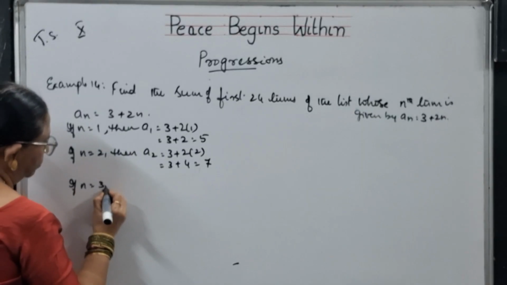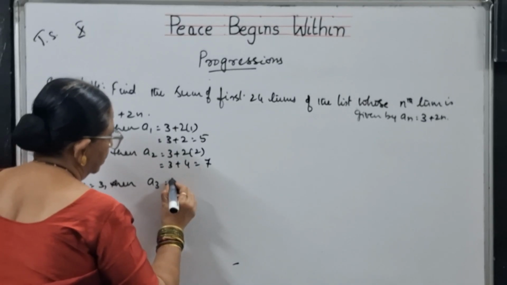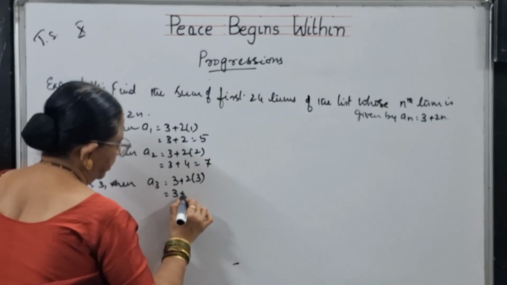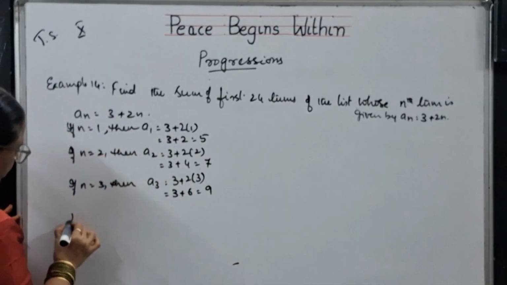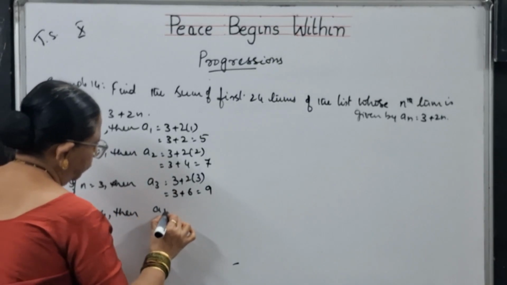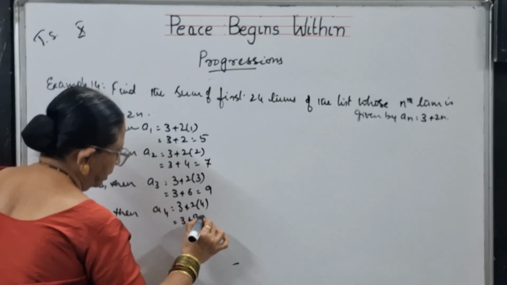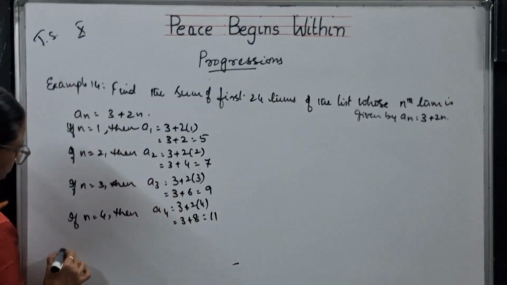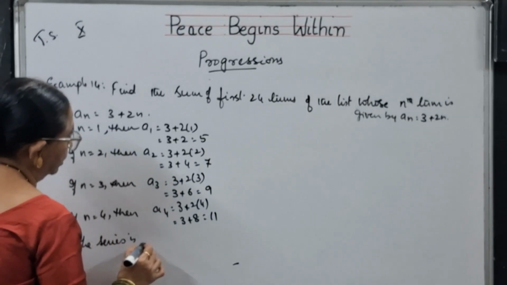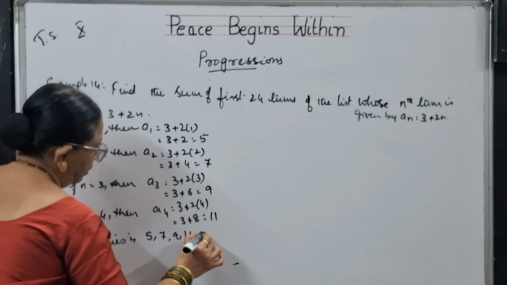If n is equal to 3, then a3 is equal to 3 plus 2 into 3, 3 plus 6, that is 9. If n is equal to 4, then a4 is equal to 3 plus 2 into 4, 3 plus 8, that is 11. Therefore, the series is, what are you getting? First one 5, 7, 9, 11, so on.